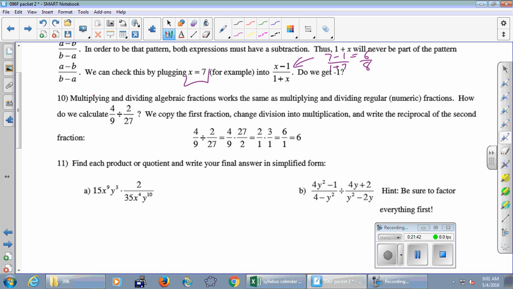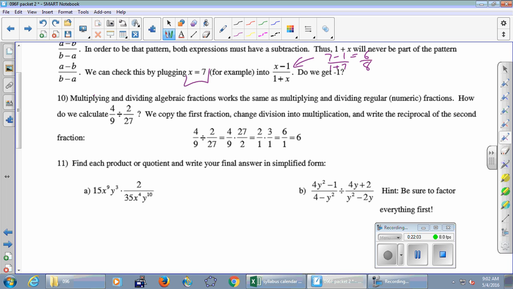So someplace in your ancient math past, you had somebody that said, the way that you divide fractions is you copy the first fraction, you change division to multiplication, and what do you do to the second fraction? You flip it over. Yes? Is this ringing a bell for folks?